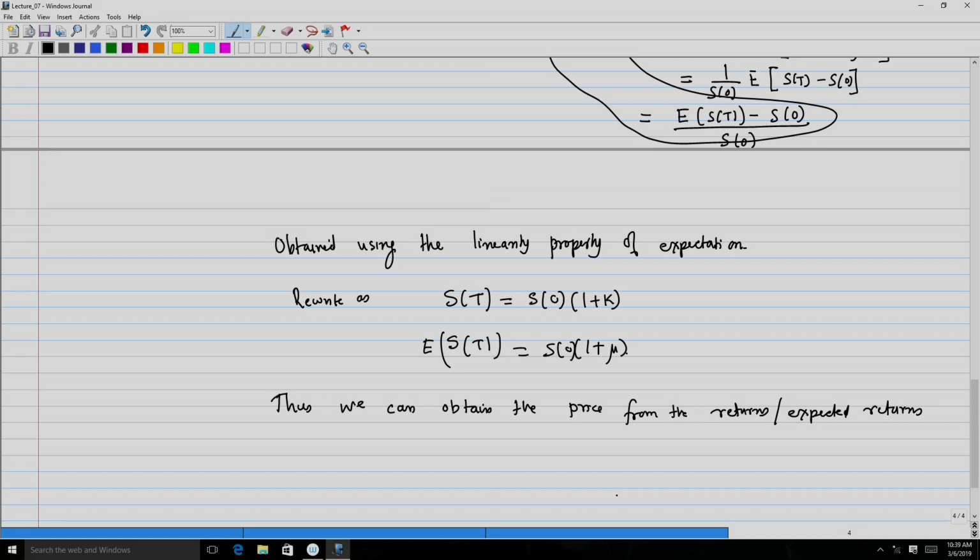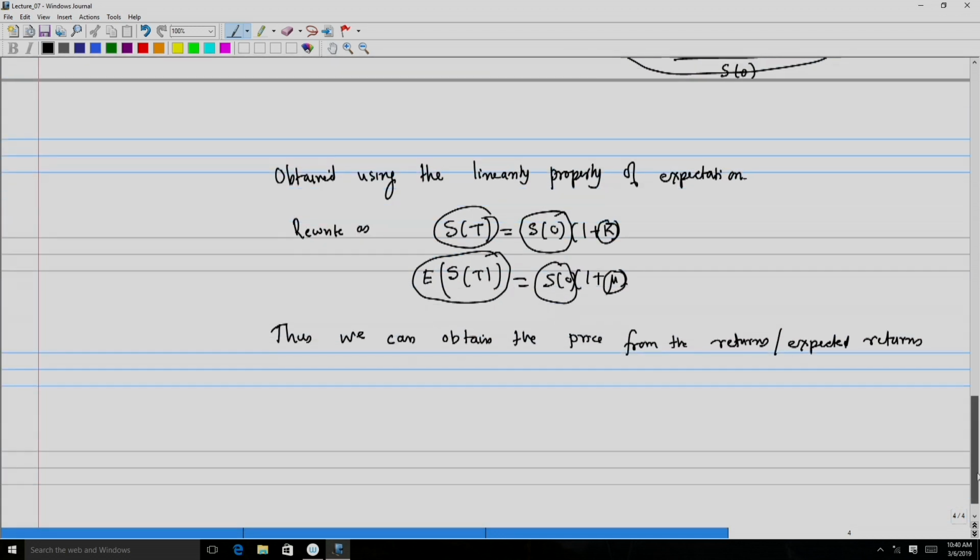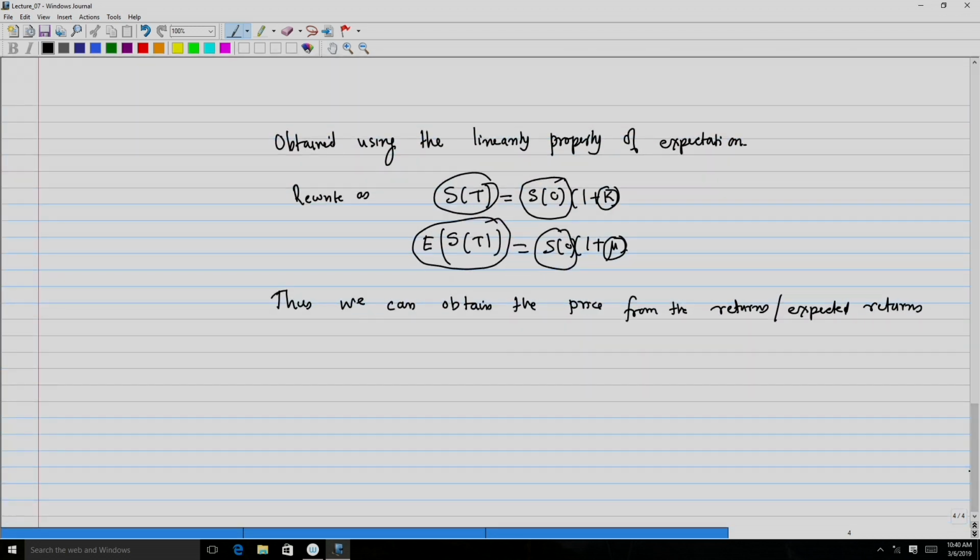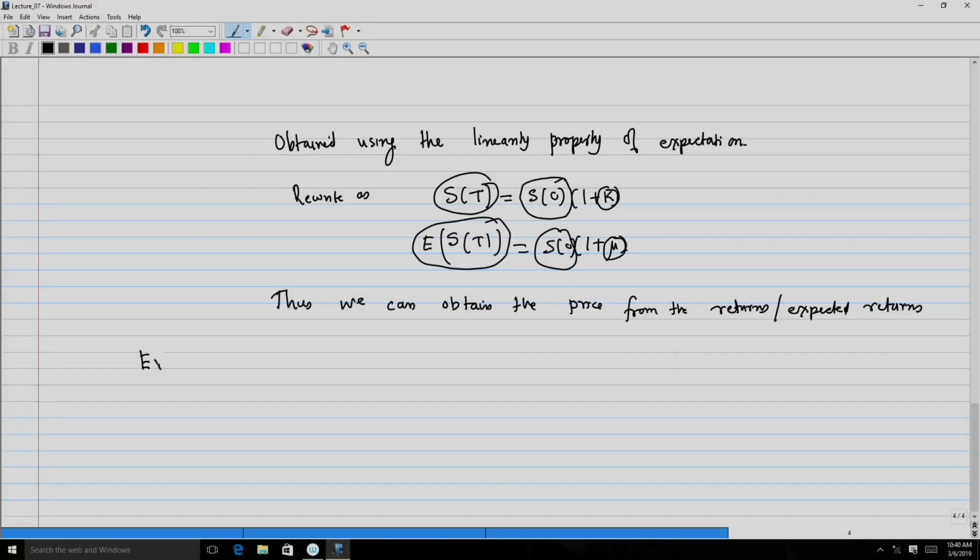By this I mean that we can find the price S0 if we know the return and S of t. Likewise, we can find S0 by making use of mu and E of S t. All right. So, in order to illustrate this, let us now consider a simple example.